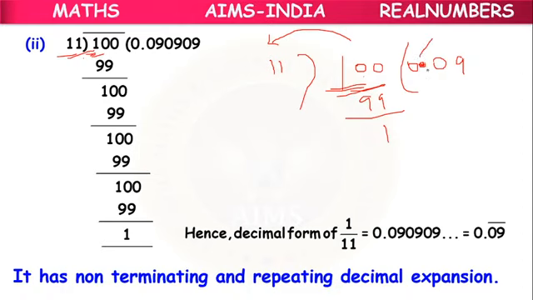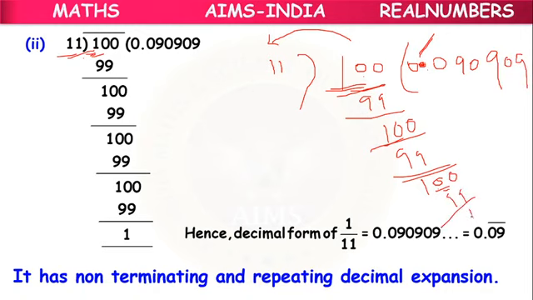Already we have a decimal point. So we can carry 1 0 here, but it is not sufficient. So 1 more 0 we have to keep here. Again 11 9s are 99. Again 1 is remaining. Because of this decimal point, we can take 1 0, that is not sufficient, 1 more 0 we will keep here. Again 11 9 times 99. 1 is remaining.